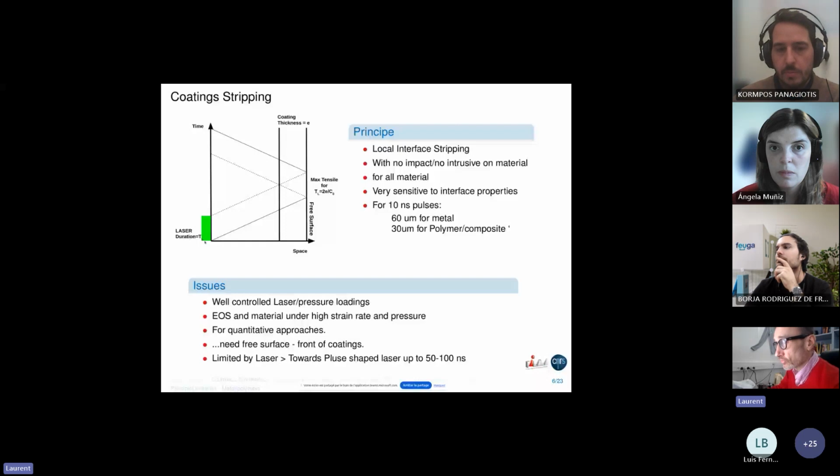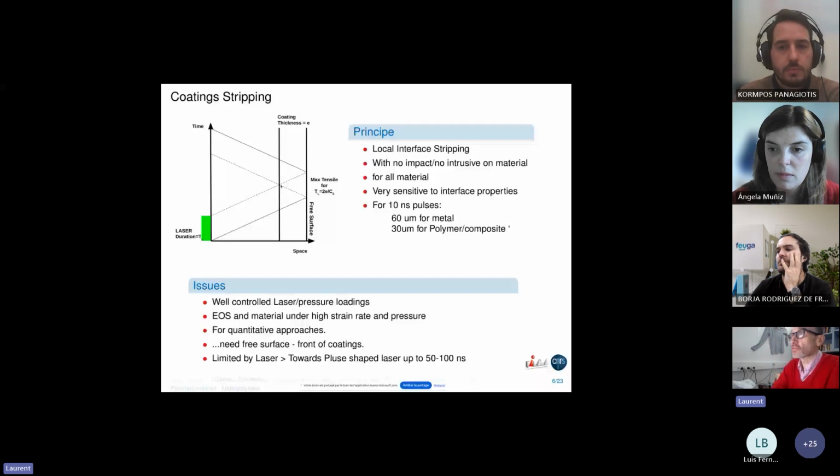In the future, we want to develop new lasers to have pulse shapes from a few 10 nanoseconds to 100 nanoseconds to move these loadings deeper inside the materials and control the depth of these tensile stresses for spallations.